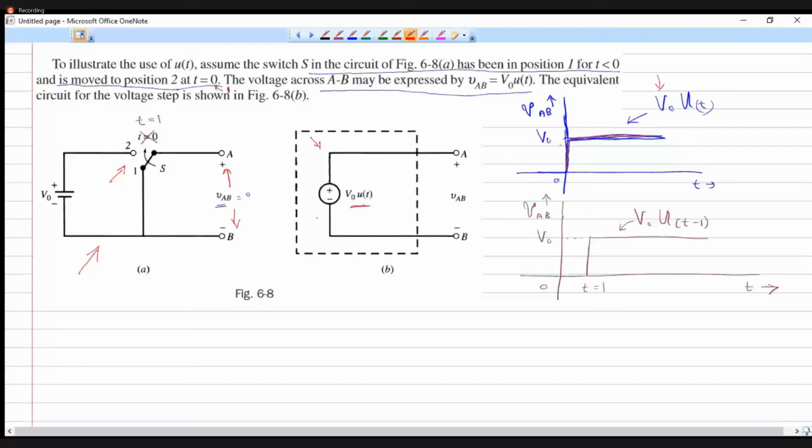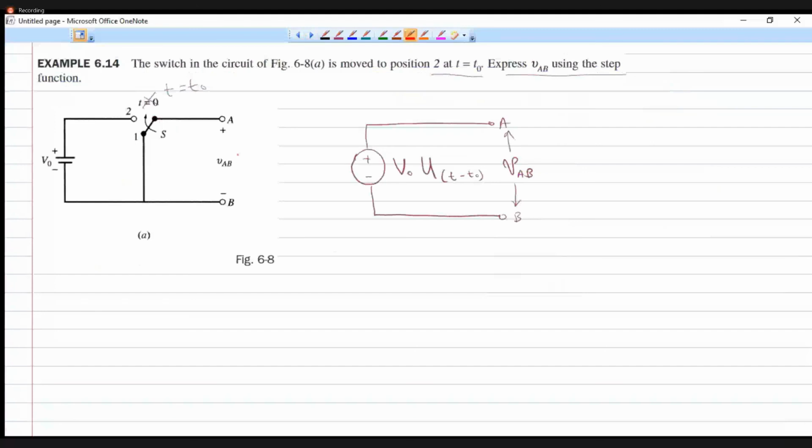Since the switch is thrown at t equal to 0, this step function is drawn from t equal to 0. If the switch was thrown at t equal to 1, then we have to shift it, which is called time delay. Here we have delayed the function by an amount equal to 1 second. Similar circuits could be modeled for network analysis.